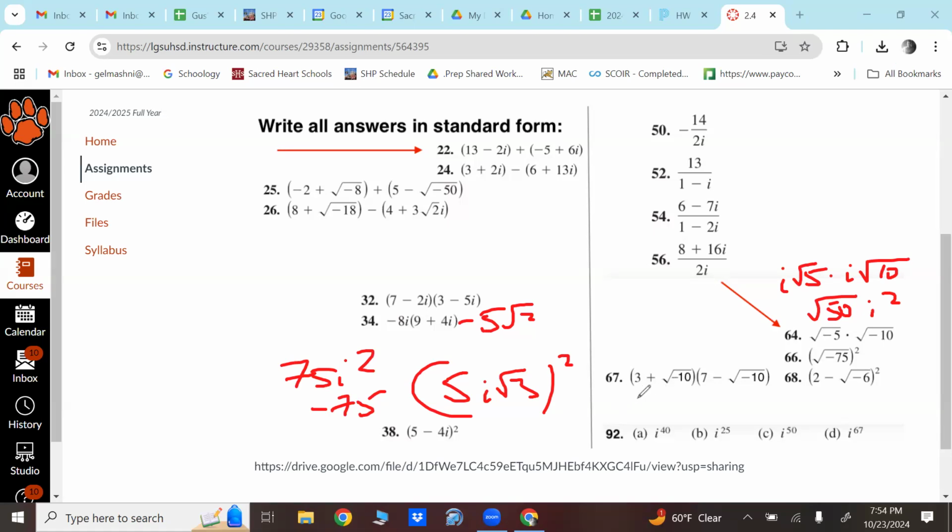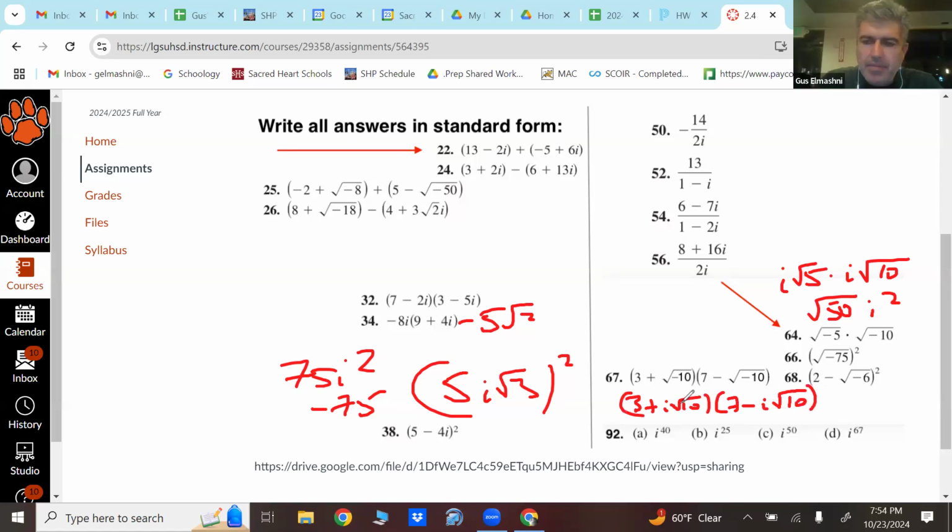Now here, you get 4i root 10. i squared is -1. This becomes 31.